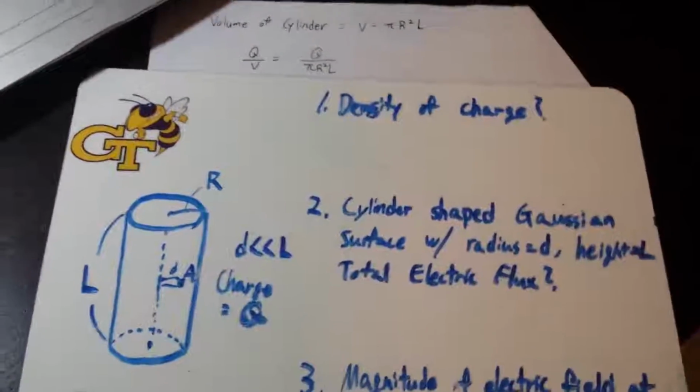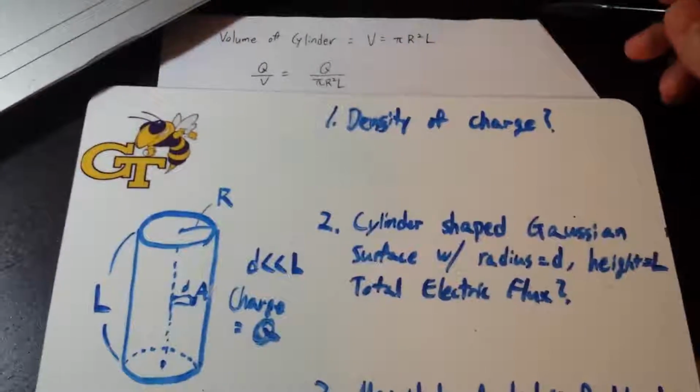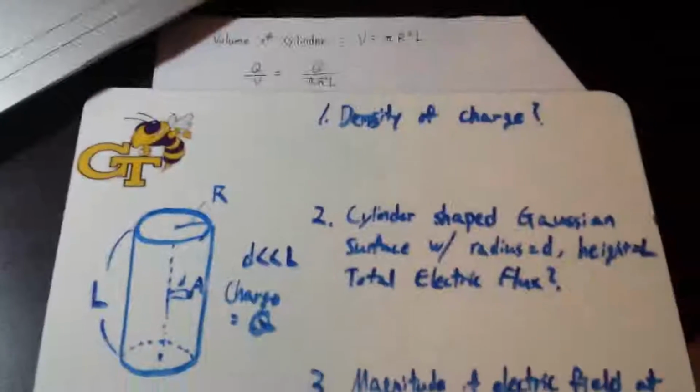Basically, the density of the charge is the total charge divided by the volume of the shape.